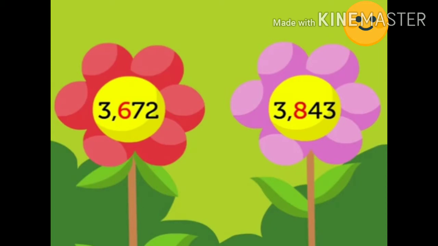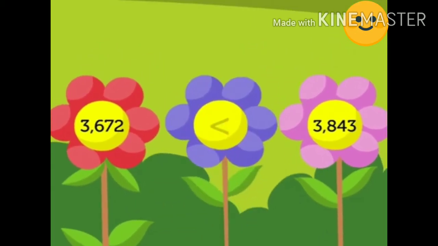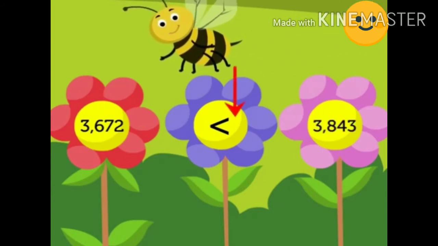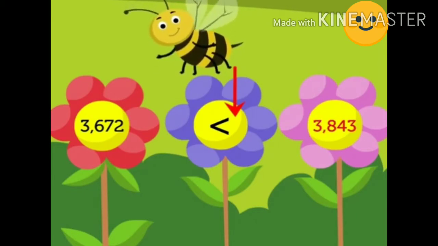The digits are different here. Here, 6 is smaller than 8. So the number 3672 is smaller than the number 3843. You already know the open side of the sign always points towards the greater number. The closed side of the sign always points towards the smaller number.